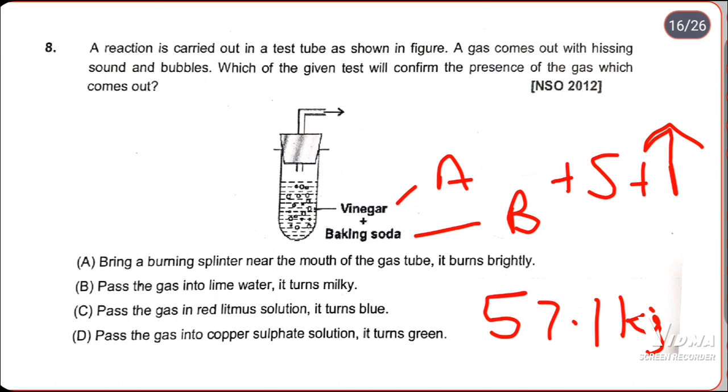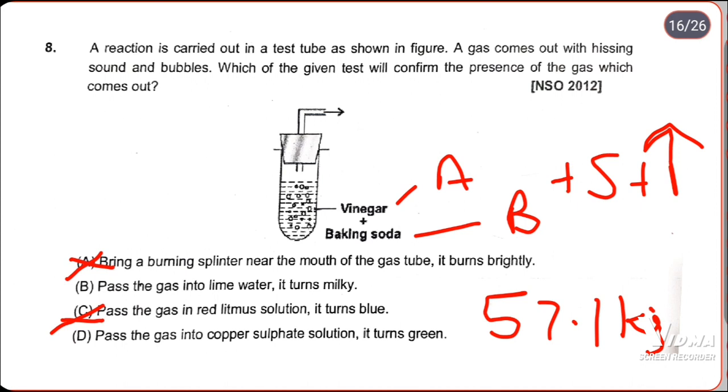So now a gas comes out with hissing sound and bubbles. Which of the following tests will confirm the presence of the gas which comes out? Bring a burning splinter near the mouth of the gas tube. It burns brightly. So it's not the correct option. Pass the gas in red litmus solution. It turns blue. This is also not the correct answer. Pass the gas in copper sulfate solution. It turns green.